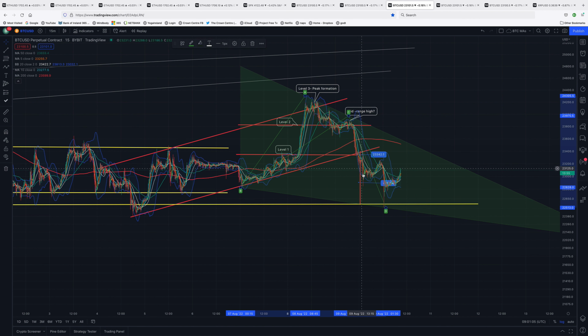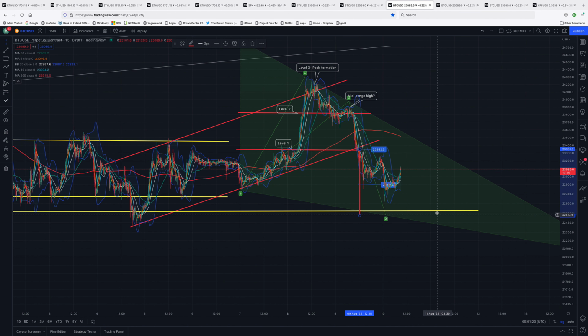Level 3 went actually super deep, and I had this calculated from this top formation. So all of this like a massive spilling cup. I took the technical target and I put it here, and look where it takes us, right on the spot. 22,500.